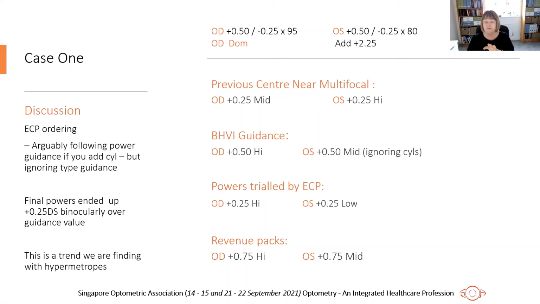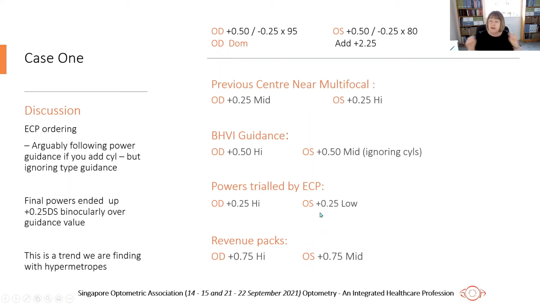So this is a case where you do not pick out what the patient had before. Now, the ECP is still thinking in terms of multifocals, starting with 0.25, because that's what the patient had before. And although he's saying, right, okay, I understand what you're saying about having the high in the right eye, I'm not too sure about the left eye, I'm going to go with low.